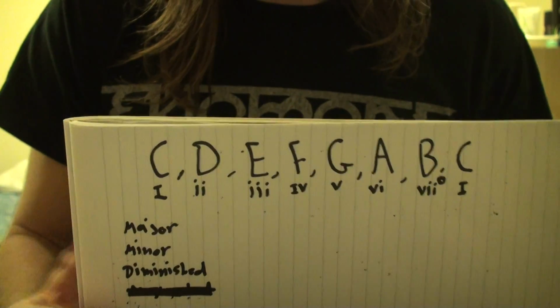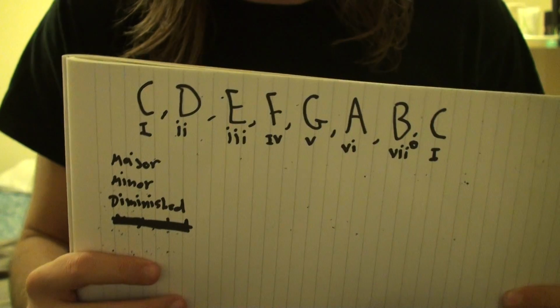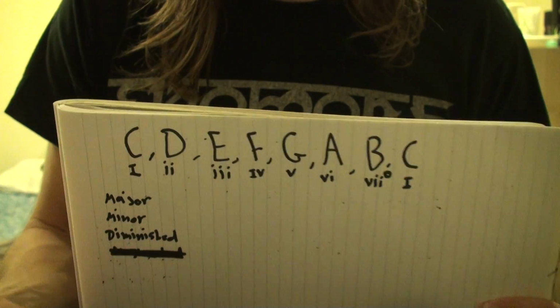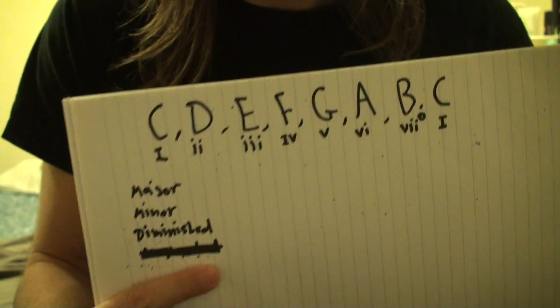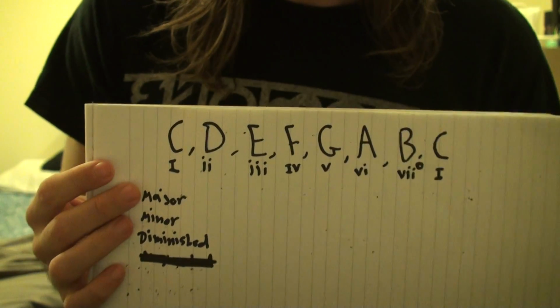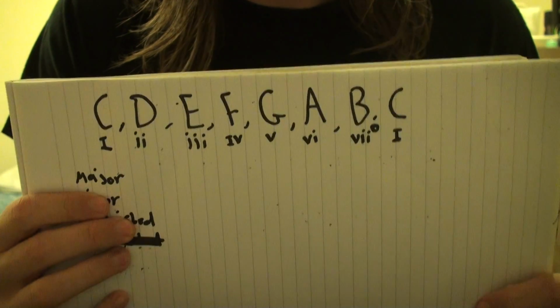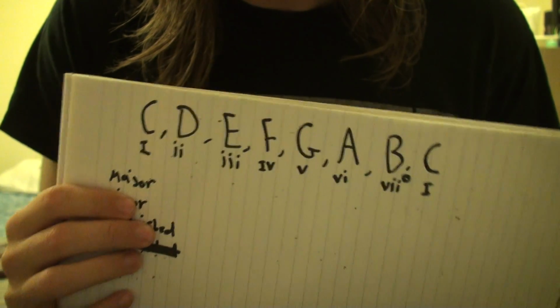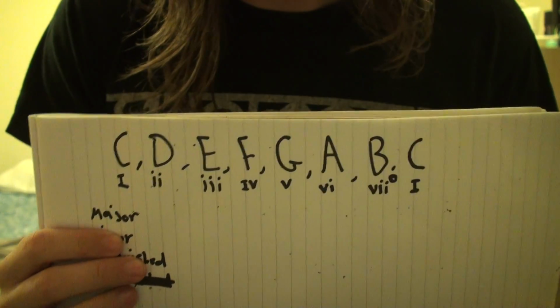And they signify what chords these notes possess. Okay, so let's start, right? A major chord is made up of the first, third, and fifth interval in a key or scale, right?